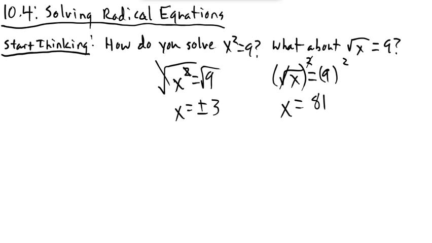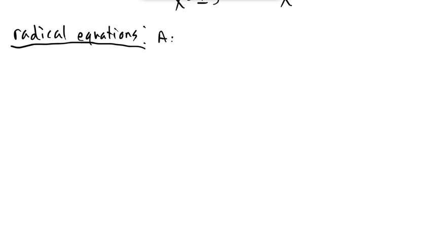All right, so today we're doing solving radical equations. What exactly is a radical equation? Well, once again, it has to be an equation. It needs an equal sign. And what makes it radical? So we have an equation and a radical.